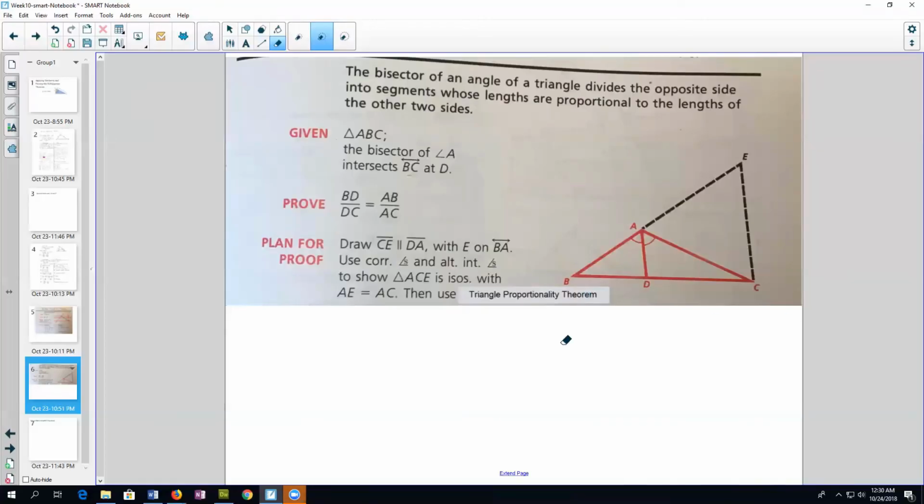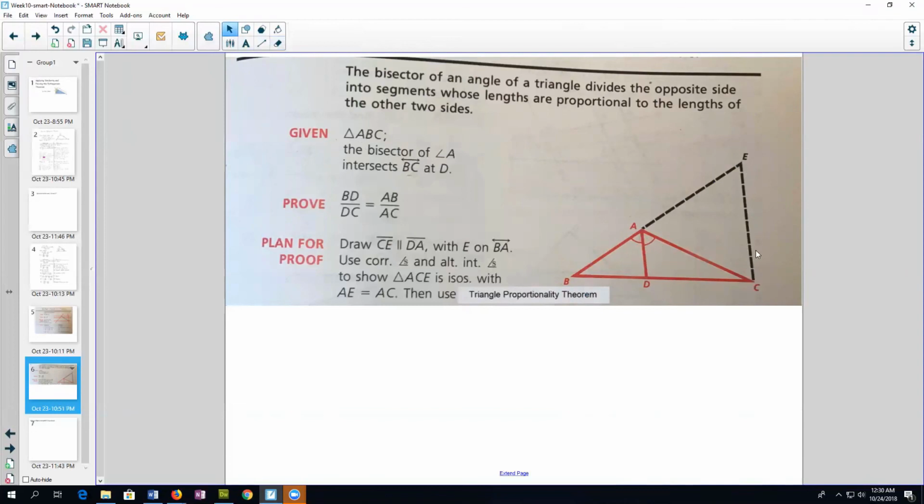Now let's see what the plan for the proof is. First thing we're going to do is draw a segment CE that is parallel to segment DA. And that's legal because through a point not on a given line, there's exactly one line parallel to the given line.